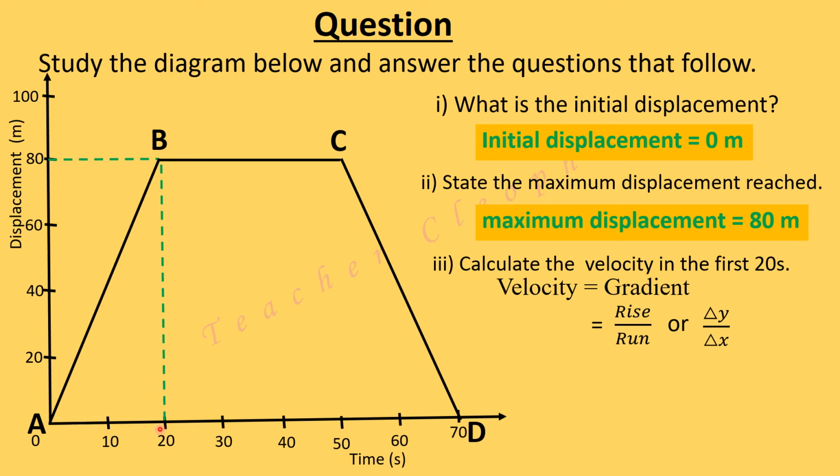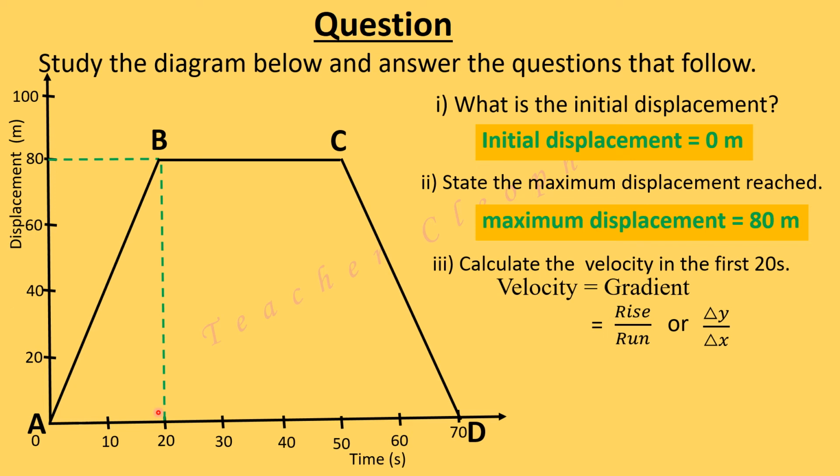So what is the change in y-axis? Change in y-axis is the maximum point along the y-axis minus the minimum point, that is 80 minus 0, which is 80. Then the change in x-axis, or the run, is from 0 to 20. So 20 minus 0 is 20.